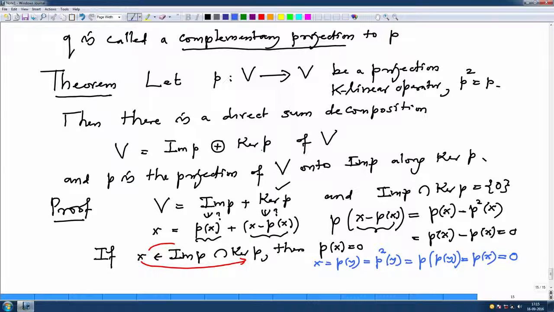Once it is a direct sum, then what does P do? P is exactly the map which sends x to P of x. So, this decomposition tells you this is U and this is W, and the map P is definitely x going to u.